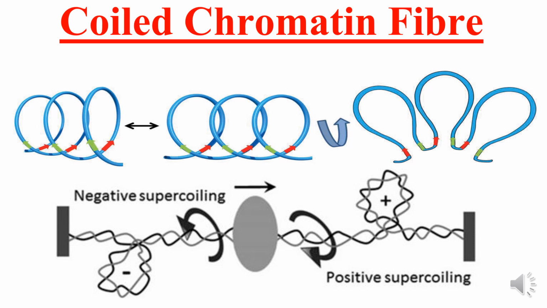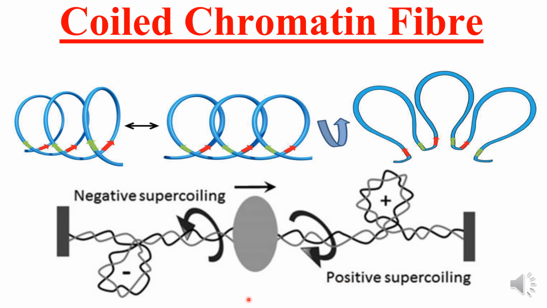So now you know that the DNA is a highly coiled chromatin fiber. DNA supercoiling allows the DNA to compact so that it can fit within the limited space of the cell, and this folding is regulated by a special type of enzymes known as DNA topoisomerase. And this supercoiling can be either negative supercoiling or positive supercoiling.